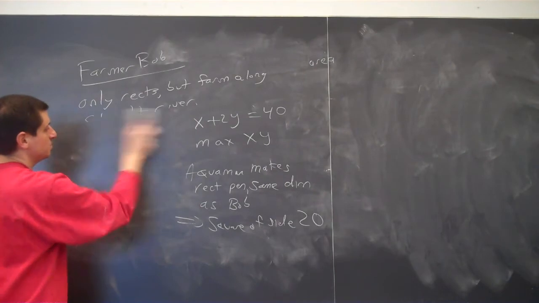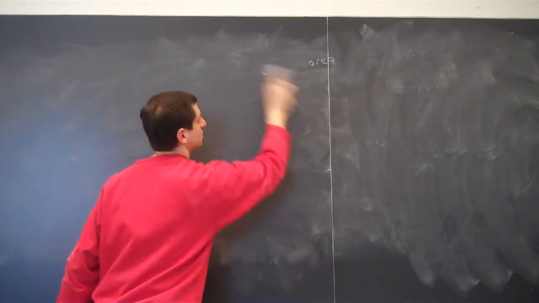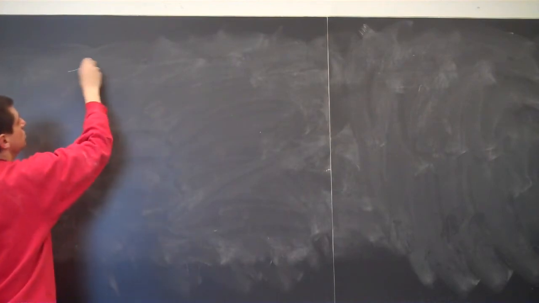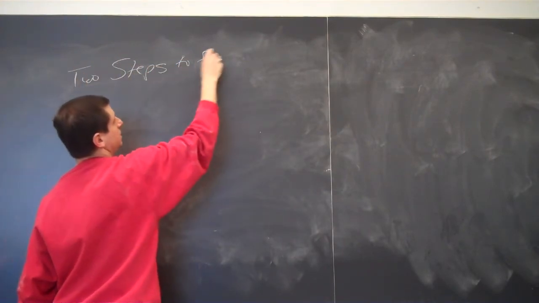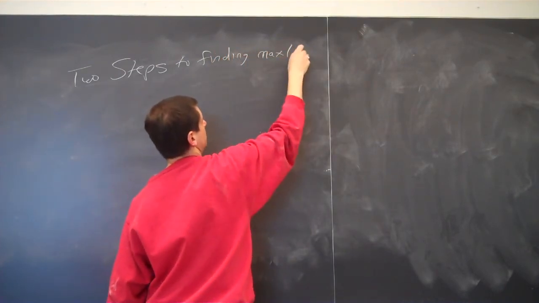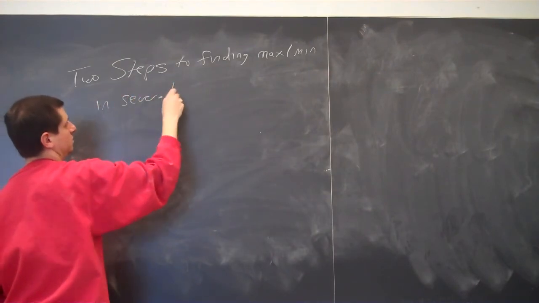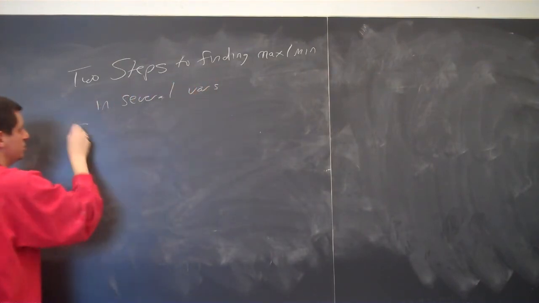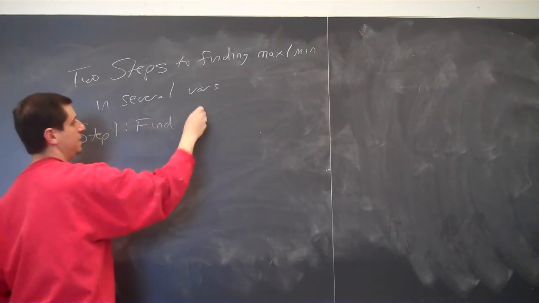So there are two steps to finding max and min in several variables. Step one, find the critical points.